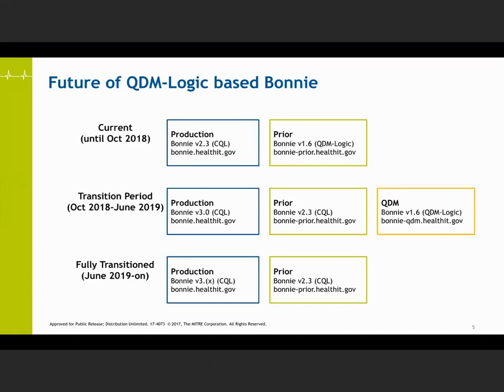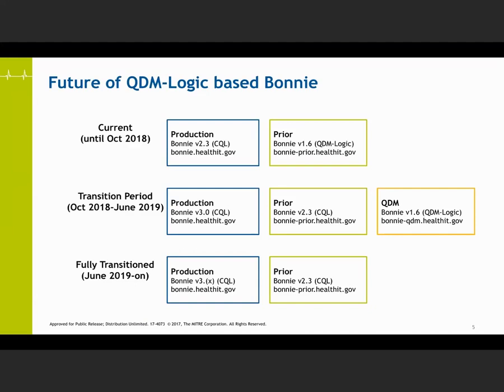This is due to a need from some of the users in our community who still need QDM logic support for measures and test cases. Between tomorrow and June 1st of 2019, we will be running those three instances of Bonnie. After June 1st, we will be retiring QDM-based Bonnie entirely.